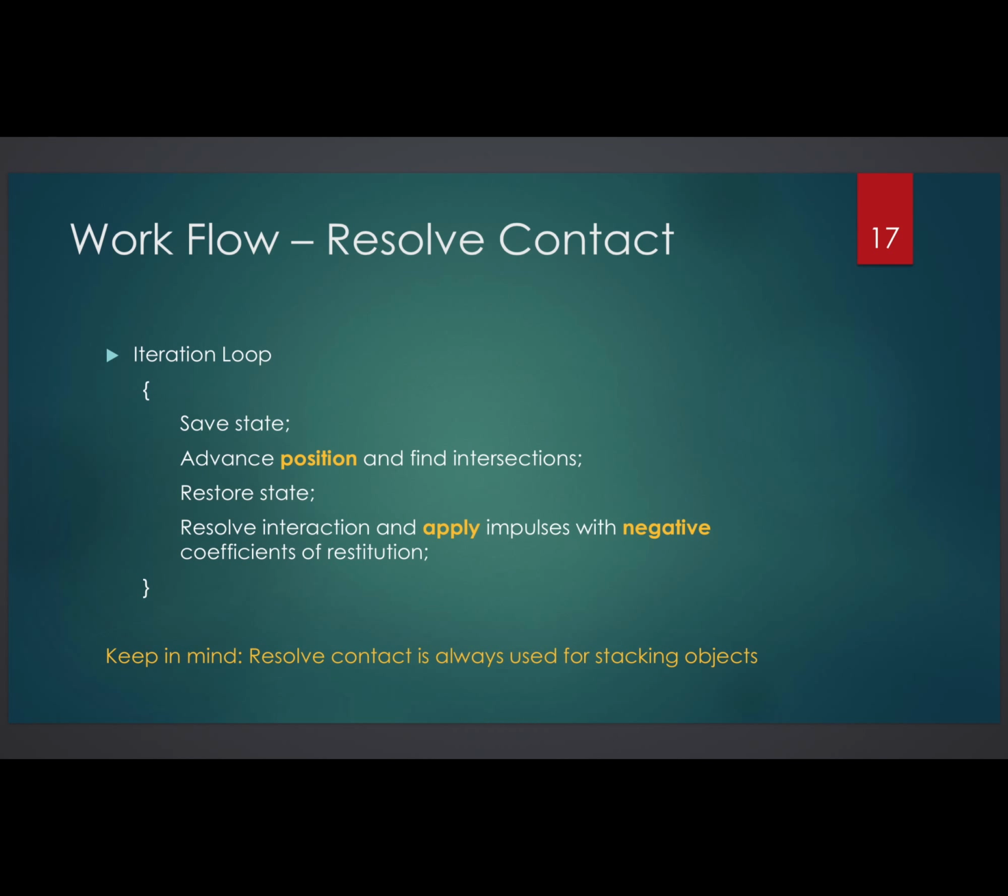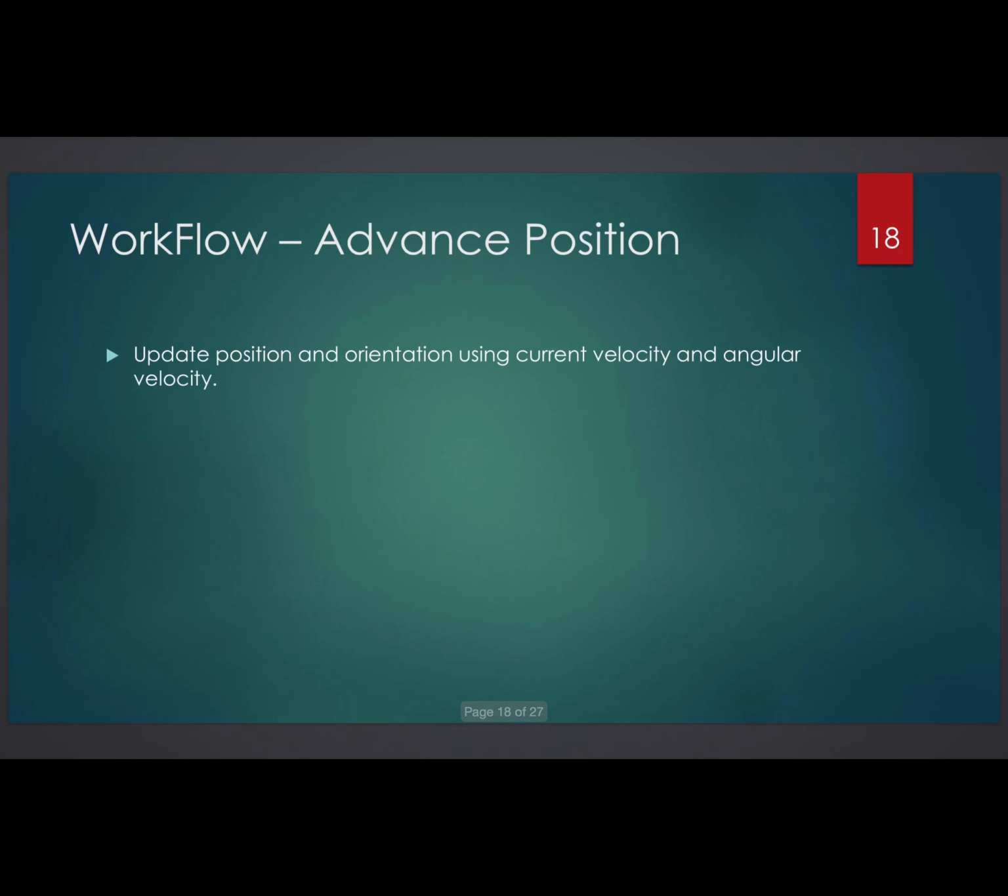To resolve contact, the difference is you have to resolve the interaction and apply impulses with negative coefficients of restitution. Resolve contact is always used for stacking objects. Advance position is very easy. Just update the position and orientation using current velocity and angular velocity.